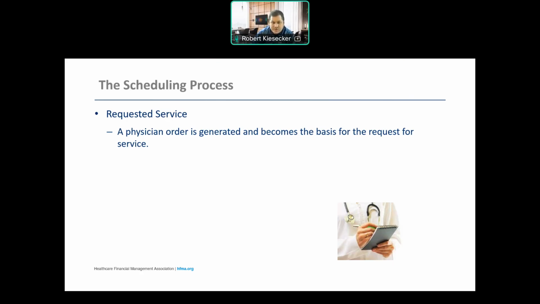But if there are additional resources, say we need to schedule time within an OR or an ASC or something along those lines, that'll typically be handled by the doctor's office because they may need to be coordinating with that facility as to when their resources are available. It's a little bit harder for the patient to do. So it can be done by either the patient or the provider, depending on what the services are that are needed.